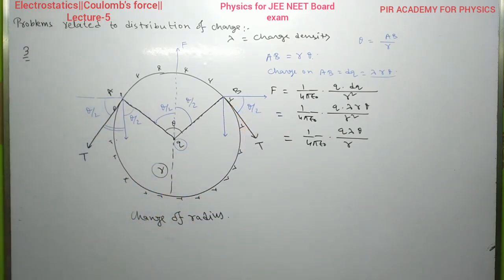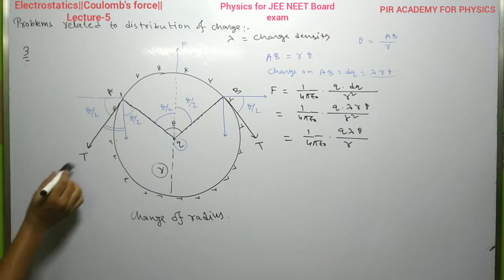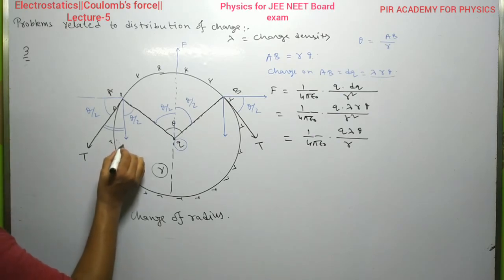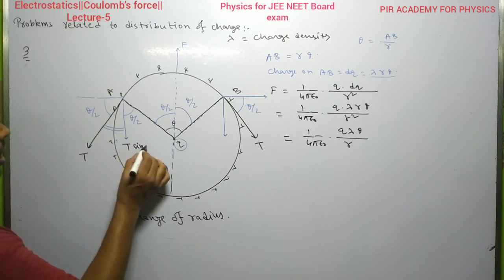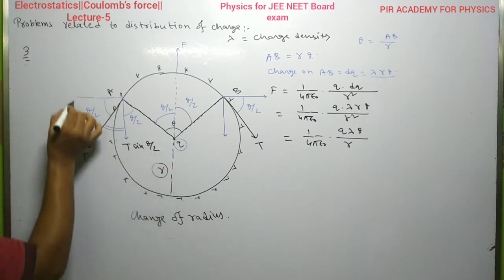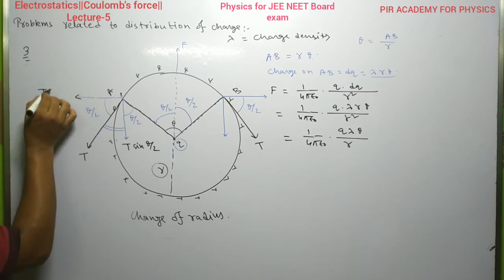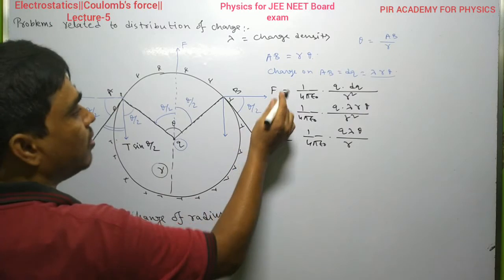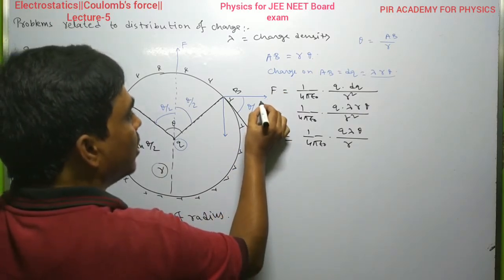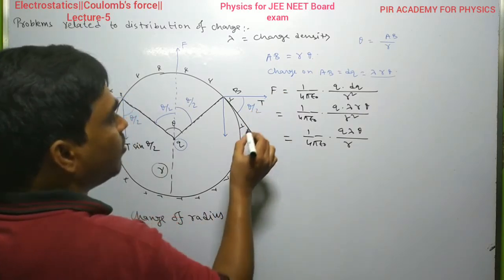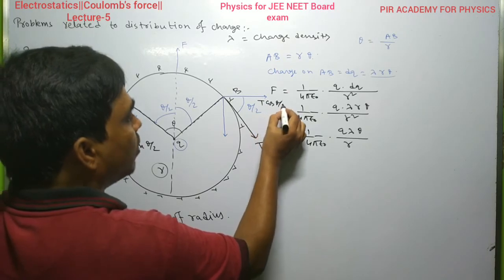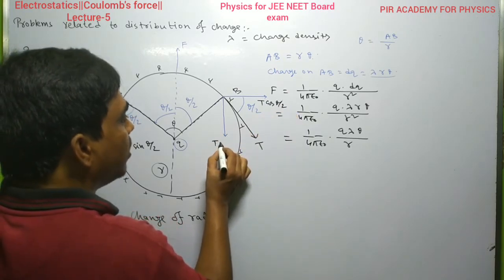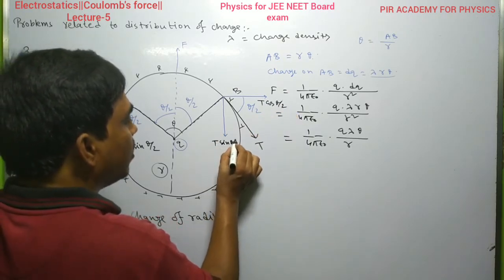So if I isolate this tension, it will be along this direction, it will be T sine theta by 2 and it will be T cos theta by 2. Here it will be the same portion, T cos theta by 2 and here T sine theta by 2.